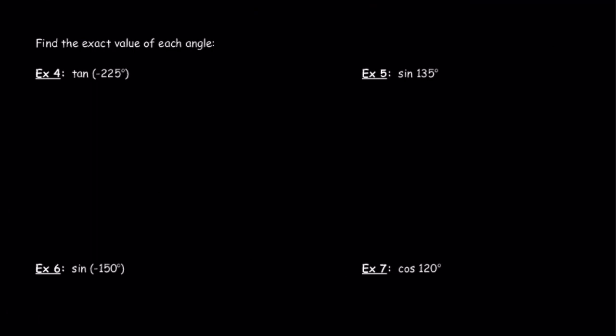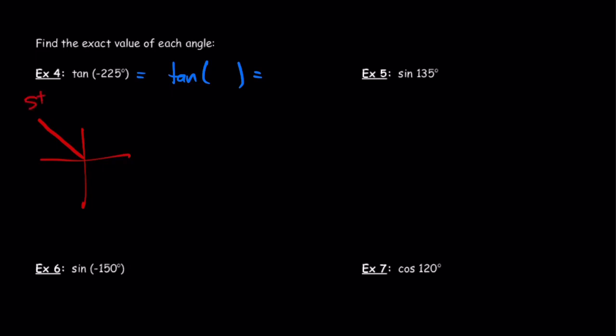All right, find the exact value of each angle. I'm going to go through a little bit quicker here. Tangent of negative 225. So the first thing I want to do is figure out where is negative 225 degrees. It's negative, you got to be careful. So it's between negative 180 and negative 270, right here.